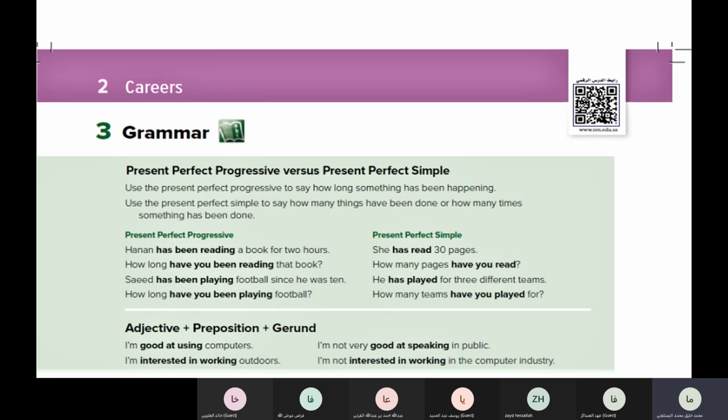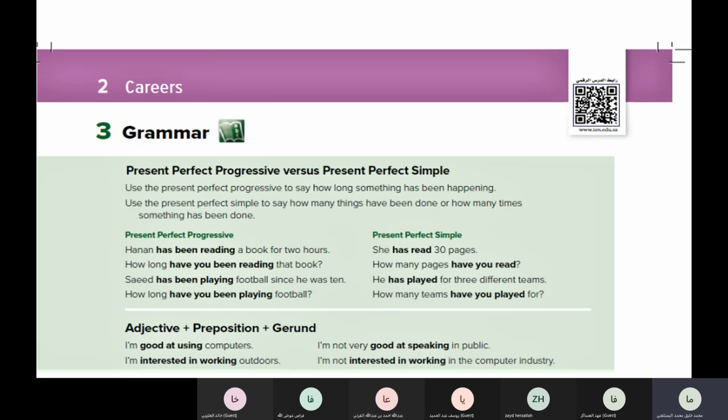Okay. Now who wants to read the second definition? Go ahead. Ask about the number of times or quantity, the amount that something has been done. Good. So you realize here, we use the present perfect progressive to talk about an action or situation that began in the past and continues into the present.